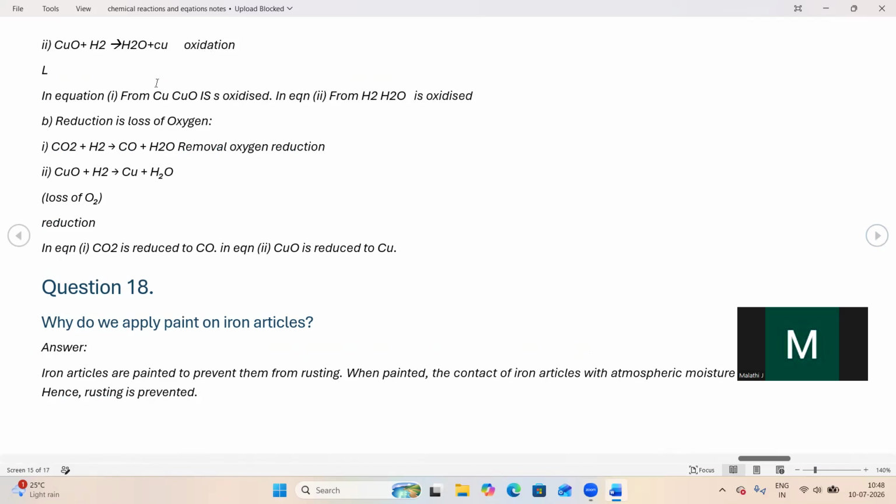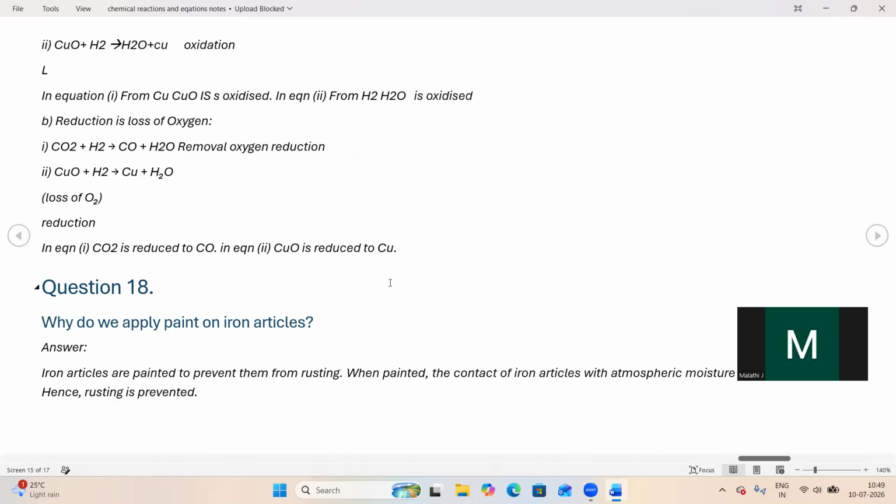In this equation, if you come to the product side, H2O is gaining oxygen. Then reduction is the loss of oxygen. Here CO2 reduces into CO, and CuO loses oxygen and becomes Cu.